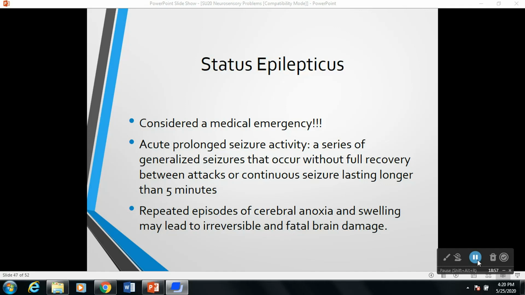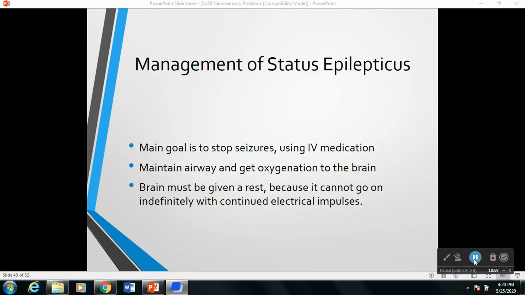Management of status epilepticus, we talked about earlier. This is where they're going to give the benzos, like the lorazepam or the Valium, and that is going to be given IV because it just kicks in quick. You want to maintain airway, get oxygenation to the brain. The brain must be given some rest because this will not allow the patient to breathe and can cause some irreversible brain damage.